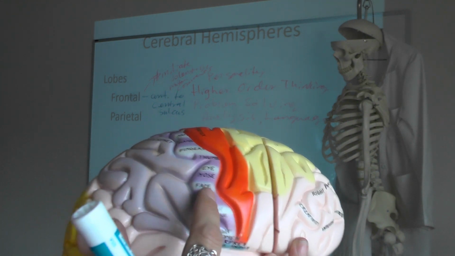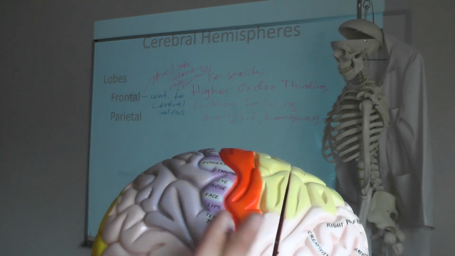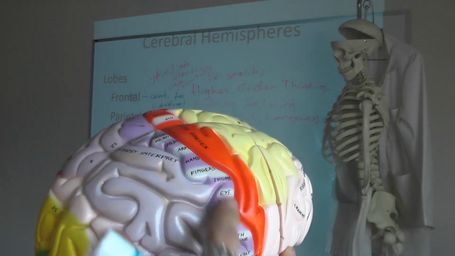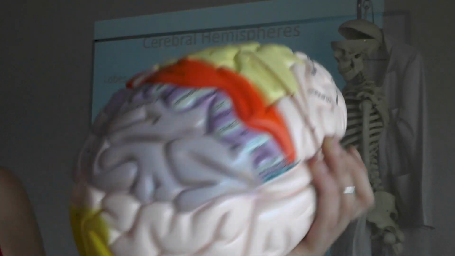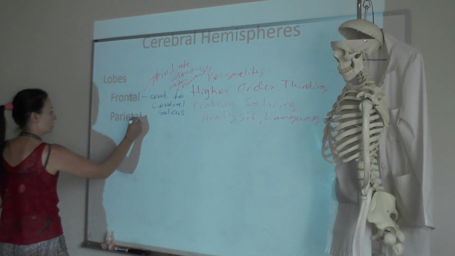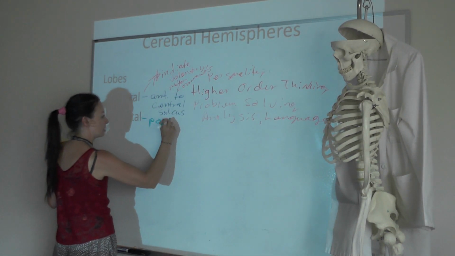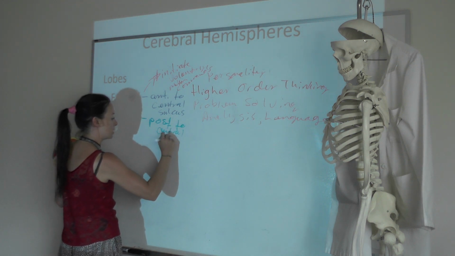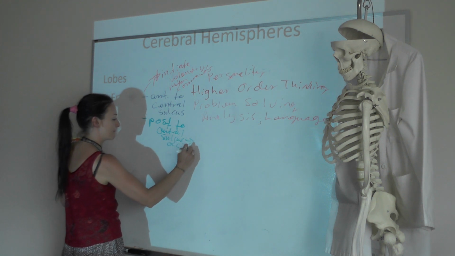The parietal lobes are posterior from the central sulcus until we get to the occipital lobes. So the parietal lobes back here, and we'll say this is posterior to our central sulcus and back to the occipital lobes.